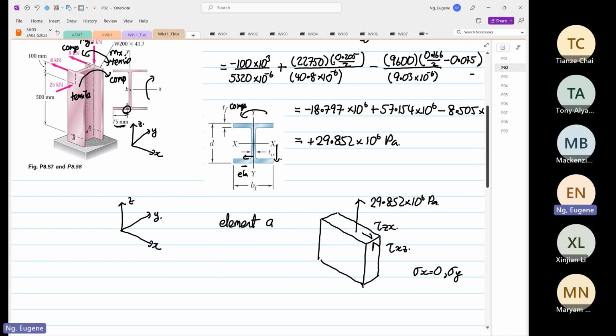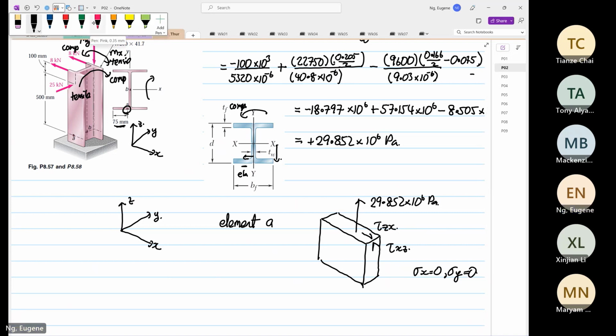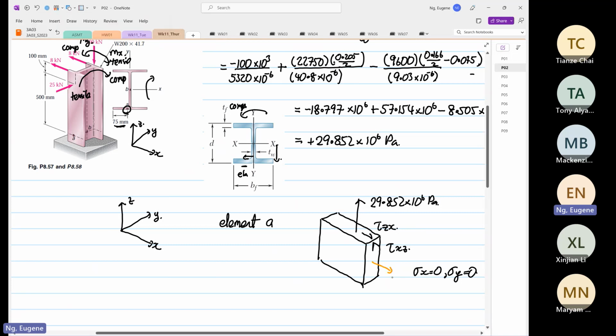Stress Y is equal to 0. So I'm going to change the color for stress X and stress Y. This is our stress X, and this is our stress Y. So we only now know our stress Z. So now we need to identify our shear.